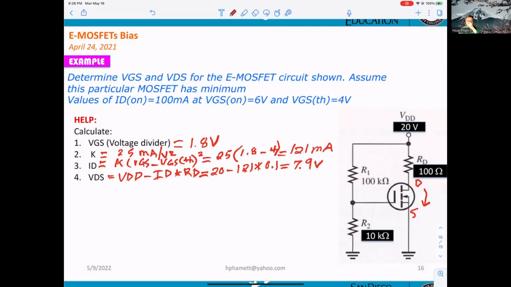So they cancel. For kilo and milli, one will be 10 power minus 3, one will be times 10 power 3. Okay, any question on that problem?